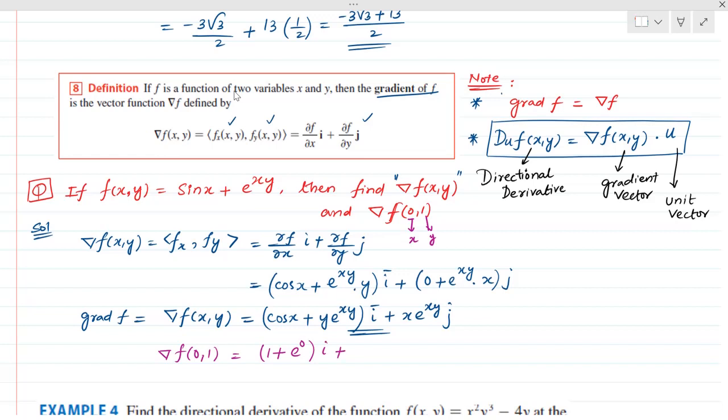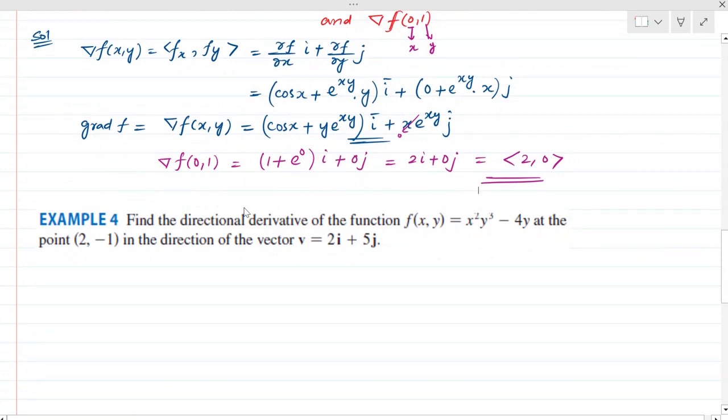Plus x e power xy, the entire term becomes 0 because x is 0. So this is 0 j. Here e power 0 is 1, plus 1 which is 2i, plus 0 j. So the j component is 0, or you can write it in the form of 2 comma 0. So this is the final answer.